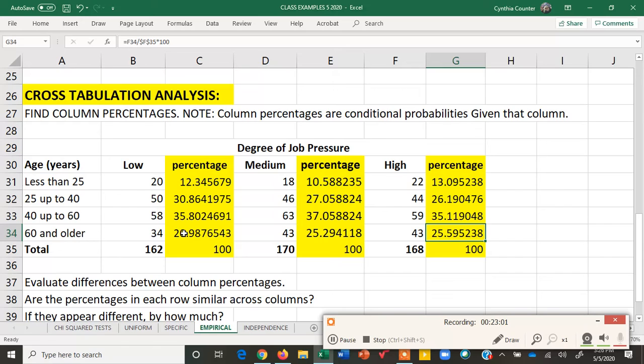Again, these look similar, so it suggests that degree of job pressure is independent of age group.